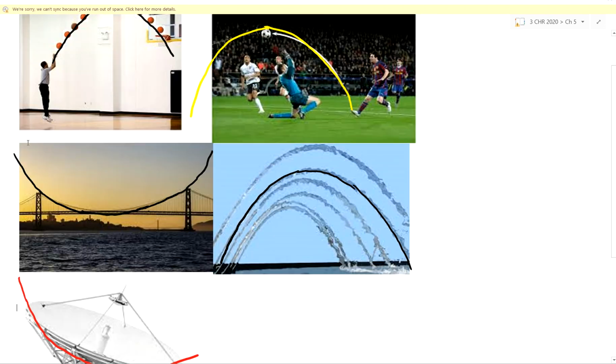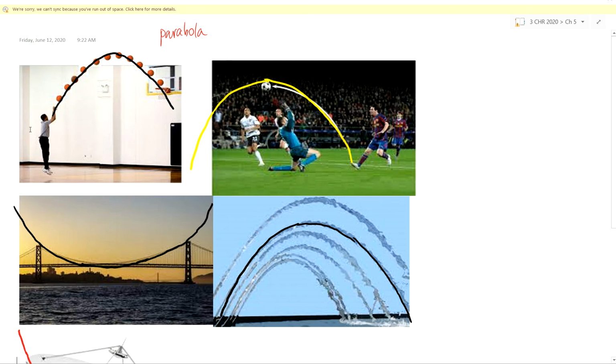Okay, now I'm going to draw in the x and the y axis for each of them. So for example, this could be the y axis, and this could be the x axis. Maybe the y axis over here, the x axis.